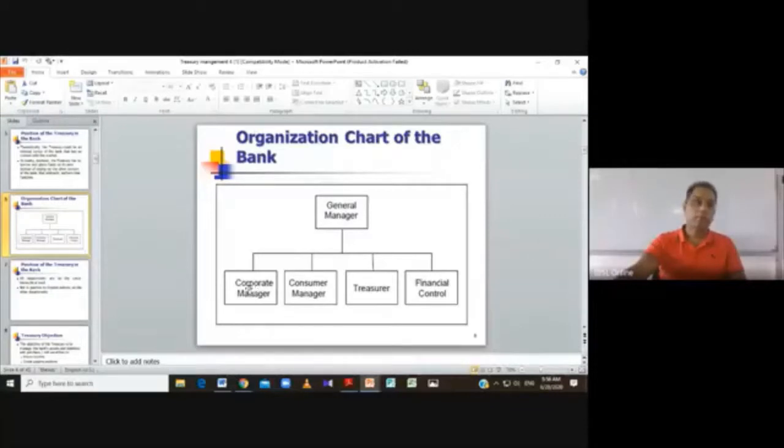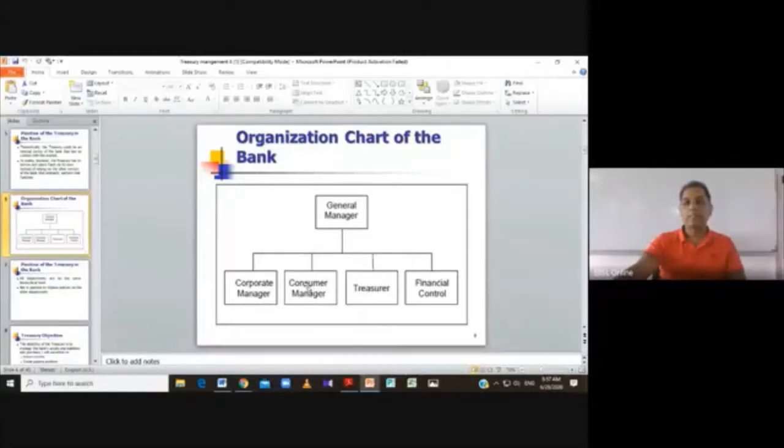This corporate manager looks at all things related to clients, different types of clients. It could be local clients, MNCs, SMEs, MMEs. So there will be a branching off of the different segments within this space.